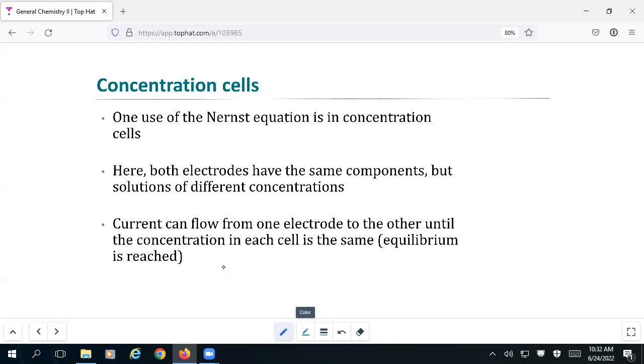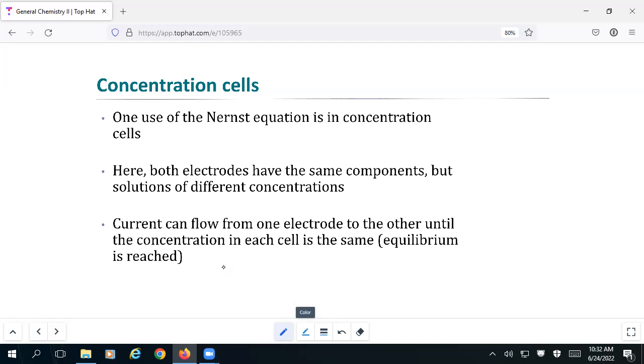And at standard conditions, a copper electrode attached to a copper electrode should give us 0 volts. But when I introduced a non-standard copper solution, we picked up like 0.3, 0.35 volts out of it.